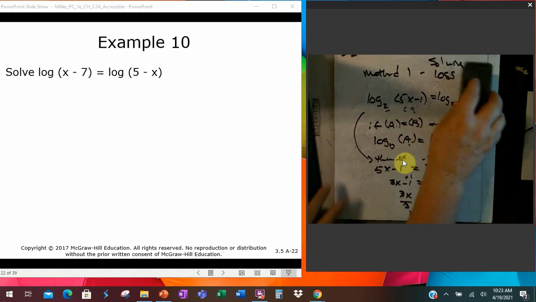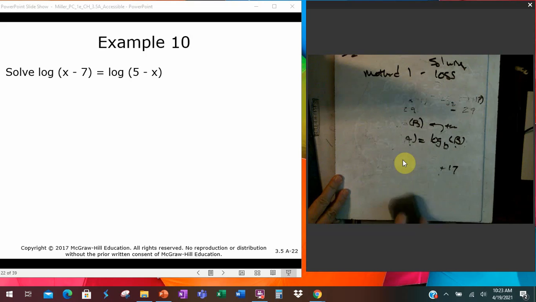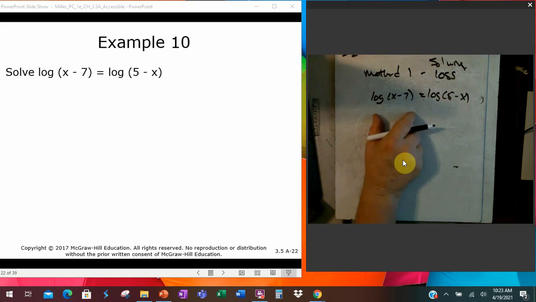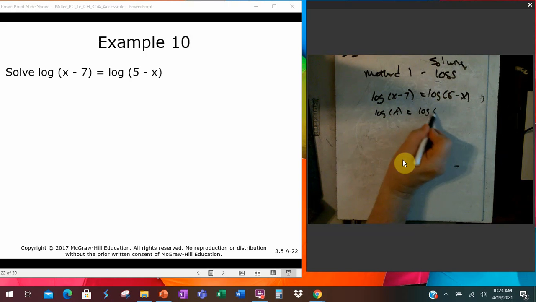So again, same method. If the log of this is equal to the log of that, again, log A is equal to log B, same bases, any base, this happens to be 10, then A is equal to B. It doesn't matter.